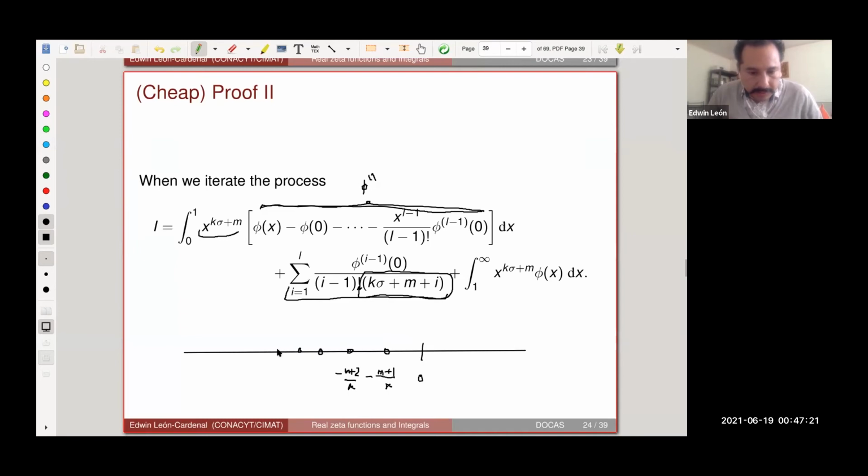And there is a lot of these guys here, and you have here minus m plus L over k. So your function is well defined over these guys.